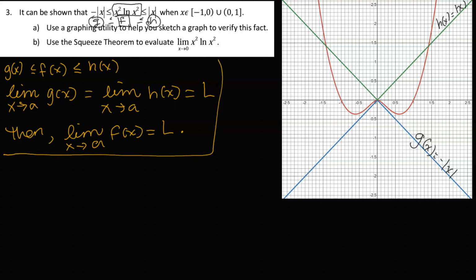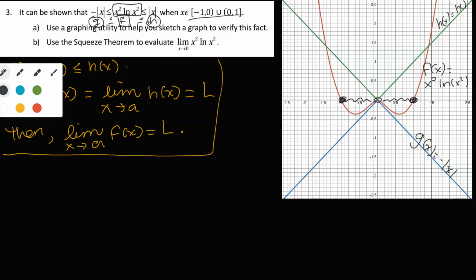As we can see, between negative 1 and 1, with the exception maybe of 0, in that part of the domain, our function f of x equals x squared ln of x squared is in between the green and the blue. So in fact, this is true.